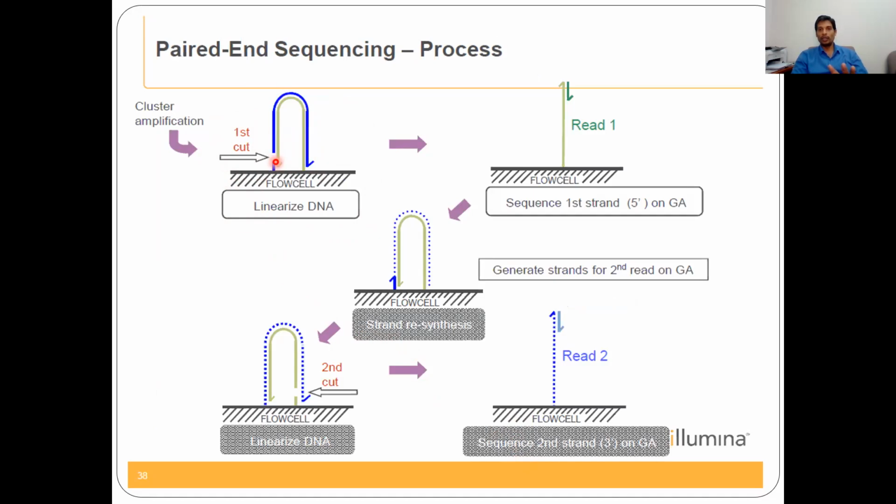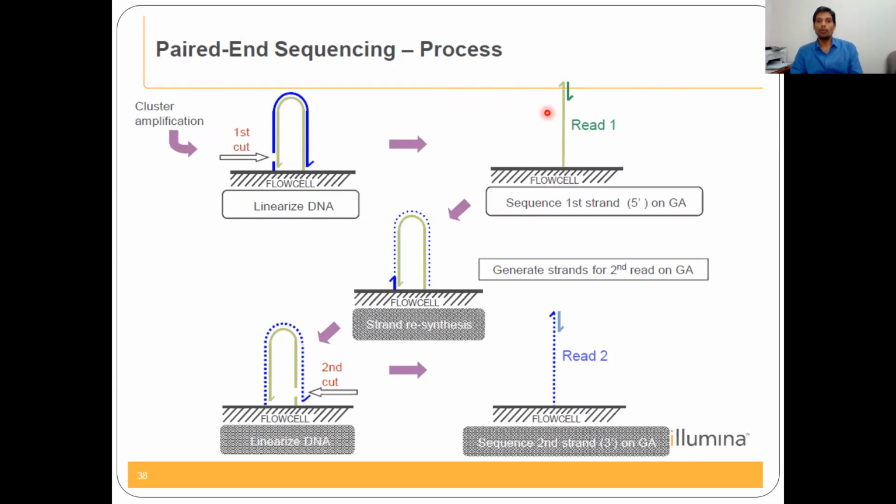That means one is original, another is complementary. When it formed, we cut one of the strands using the restriction enzyme and left only one kind of DNA in one cluster, multiple copies of the same DNA, and we used the adapter complementary to that one and sequenced it, isn't it? So that is what we have done so far.